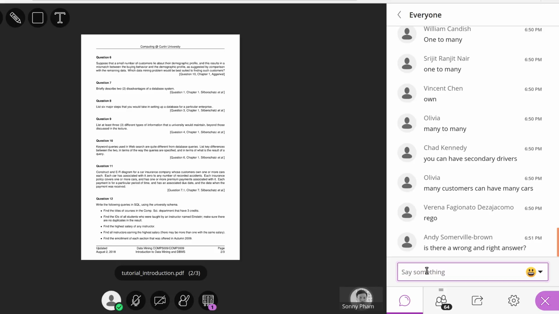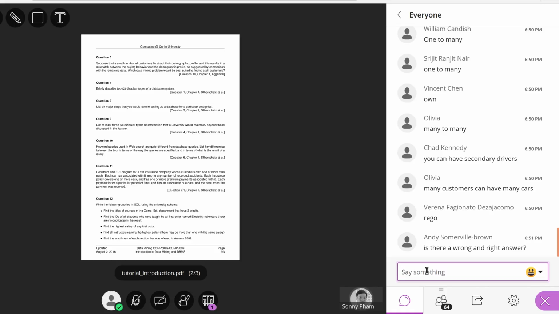Then you will need to have, for example, a table of customers and a table of cars, right? And then there should be a mapping from one table to another in terms of the relationship between them. So as someone has suggested before, you can have many customers, you can have many cars.